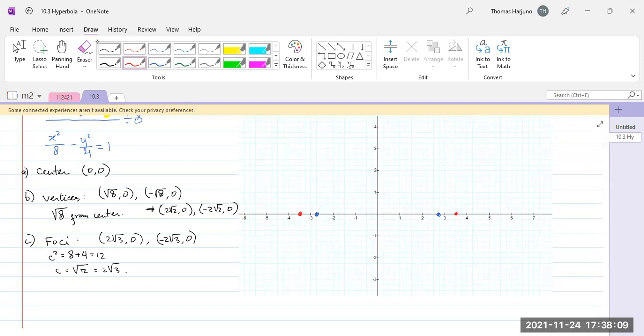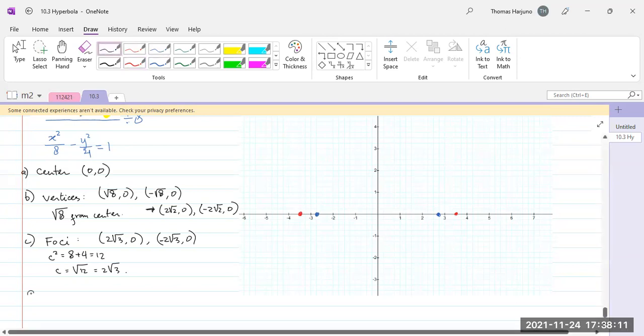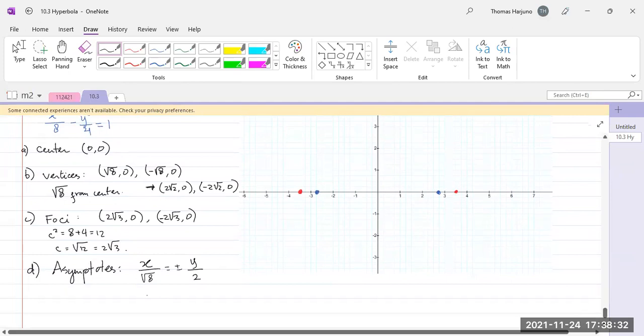Okay, how about the asymptotes? They will be x over square root of 8 equals plus minus y over square root of 4, which is 2. So y equals plus minus 2 over 2 square root of 2 times x.